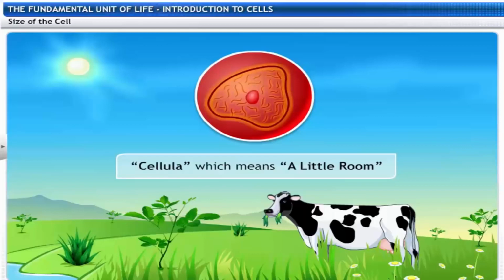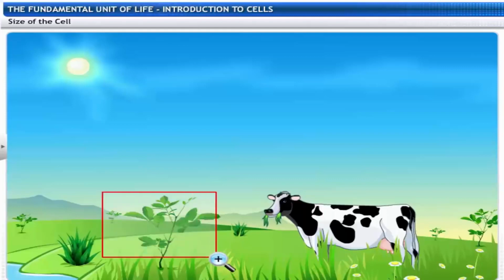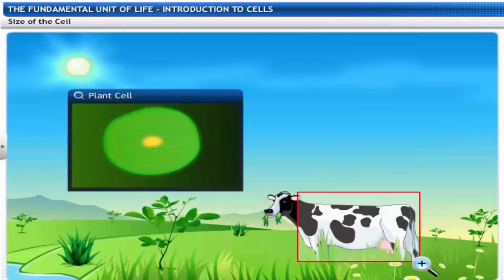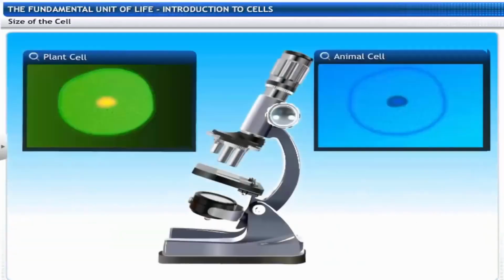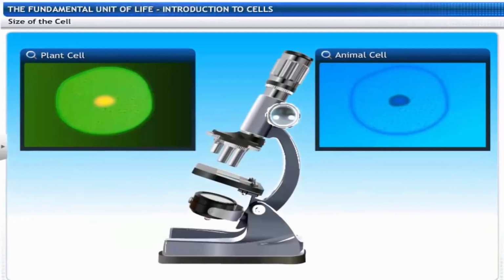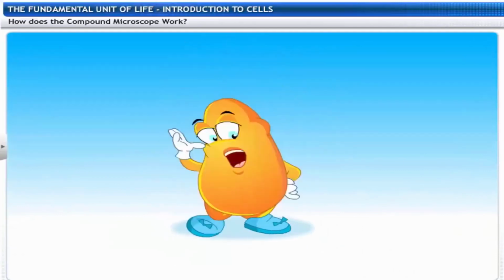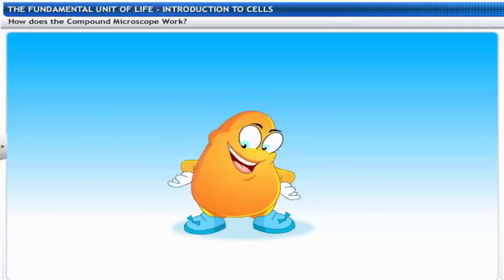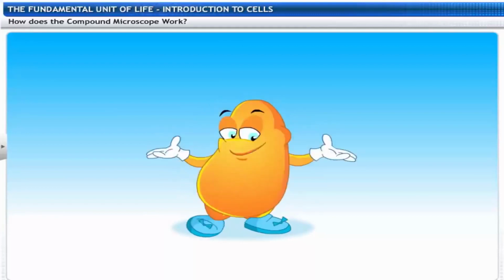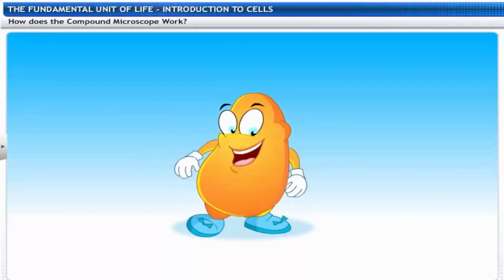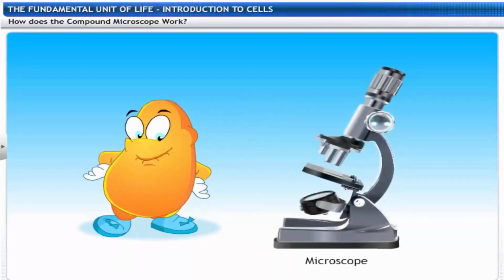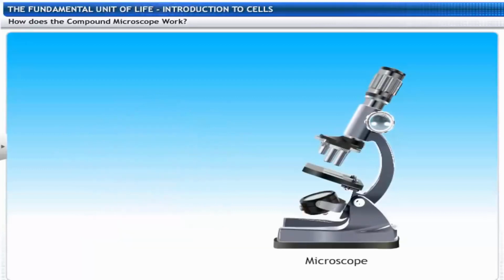Cell is derived from the Latin word cellula, which means a little room. Plant and animal cells are too small and visible only under a microscope. So, without the microscope, you would have never known me. That's why I consider the microscope to be one of the greatest inventions of mankind.